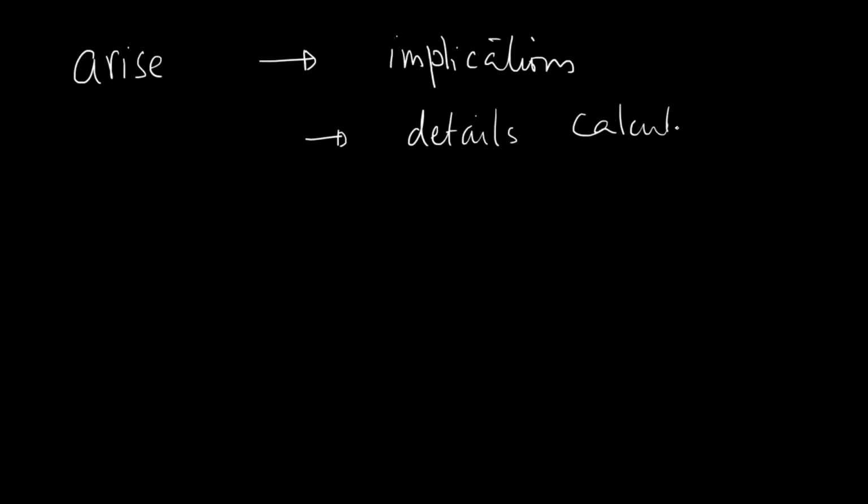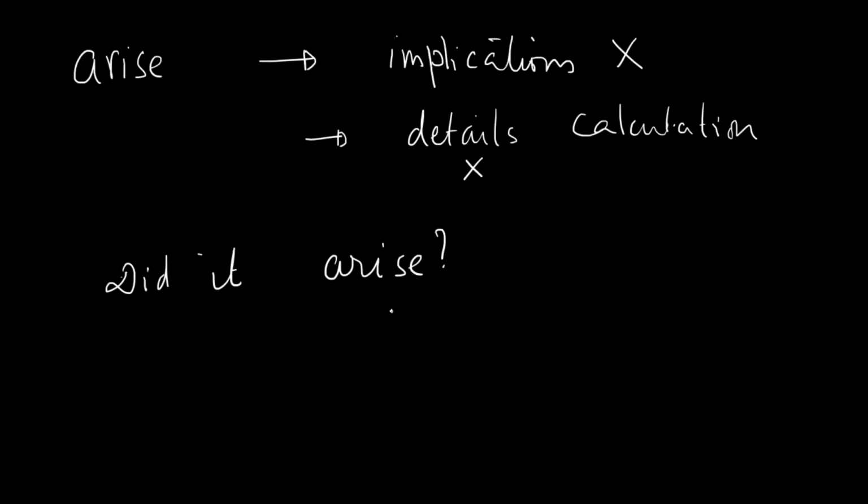So in my first presentation we'll ignore the implications of the work energy theorem and the details of the calculation. Instead, let's try to understand the question as to why did it arise. So I'll have to recap a bit and first state what is the problem for a particle mechanics.